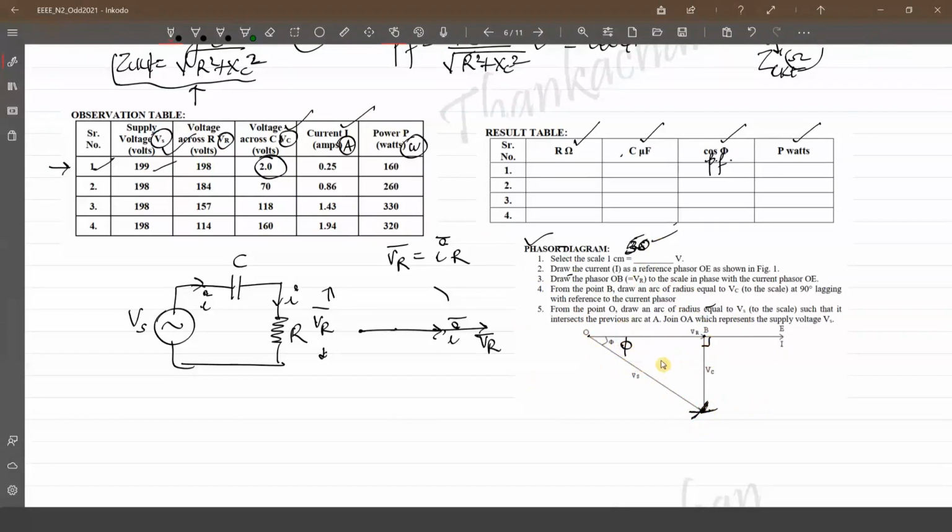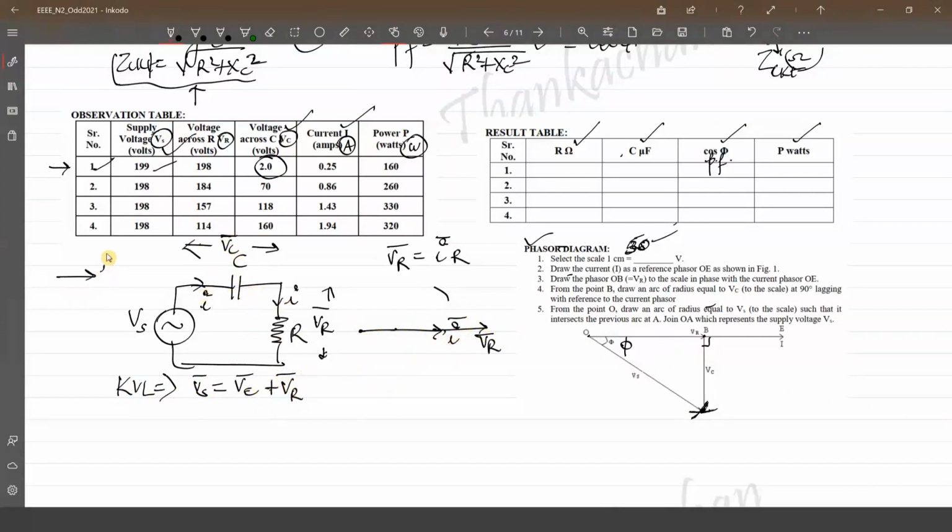Now, how to understand this in terms of your given circuit? So this is I, in the same phase you will have VR also. And what is KVL? KVL we had seen: VS is equal to VC plus VR, where VC is the voltage across the capacitor. VR we have drawn, we have to draw VC also. Where will VC be?